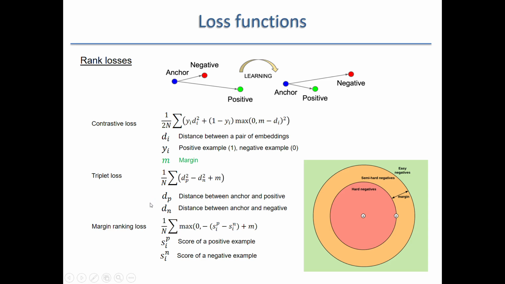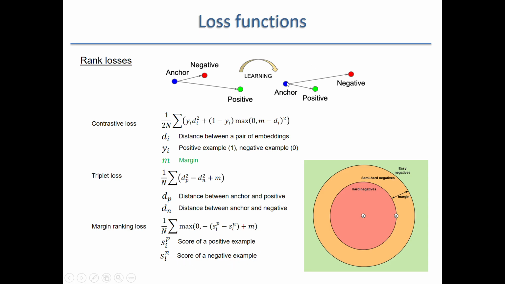And this one is the same. So this is the margin ranking loss. You are scoring your sample to belong to the positive class or not. So you take the score of a positive example, the score of the negative example.